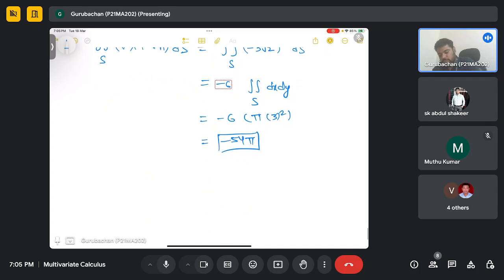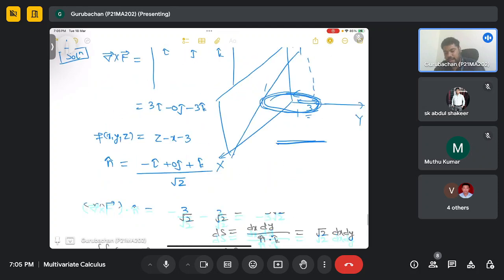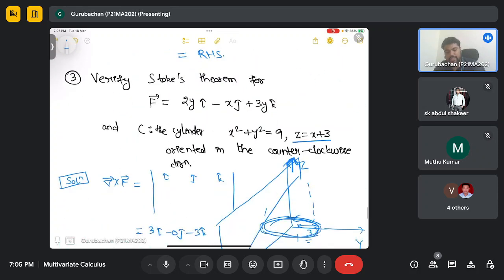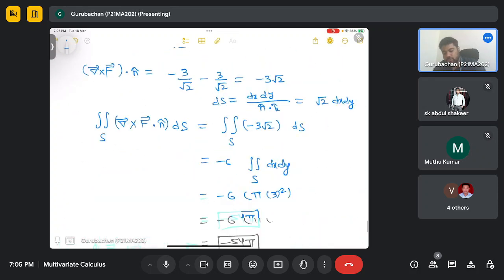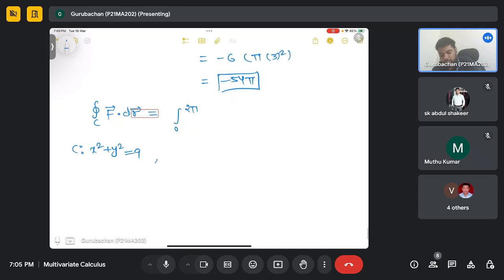Now we need to calculate this line integral over C of F dot dr, and again I am telling you what C is here. C is x square plus y square equal to 9. So you need to use the parametric form, and the parametric form tells you that t goes from 0 to 2 pi, and z is equal to x plus 3.